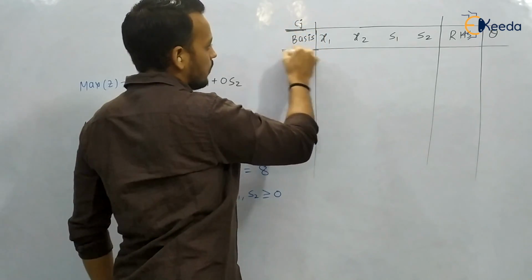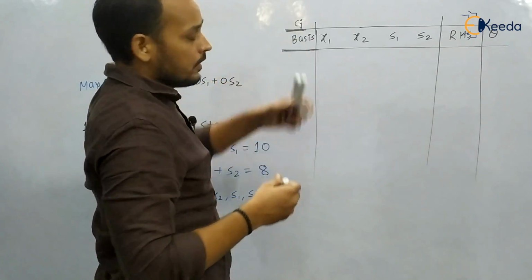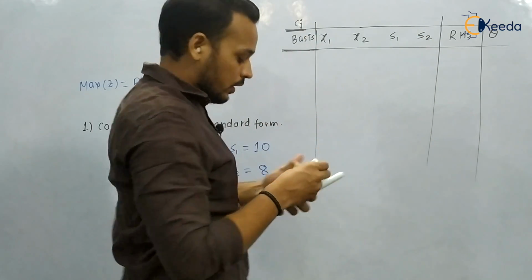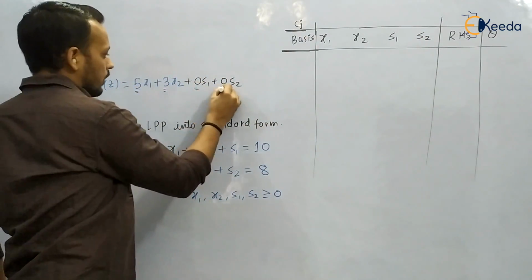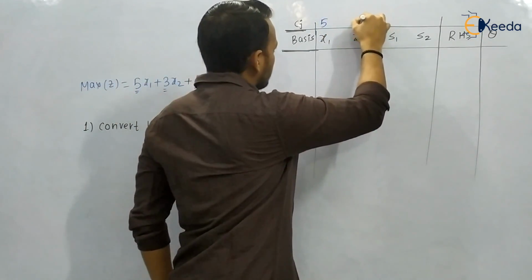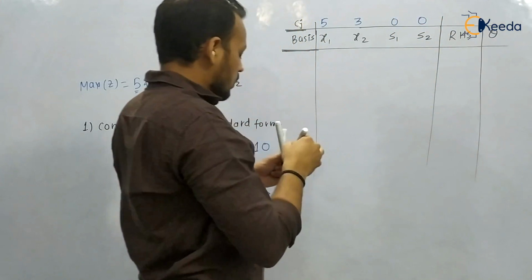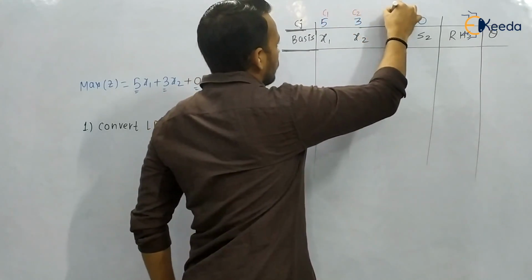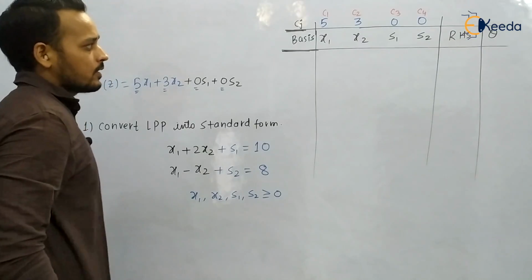For Cj, we write the coefficients of x1, x2, s1 and s2 from the objective function: x1 is 5, x2 is 3, s1 is 0 and s2 is 0. These are our c1, c2, c3 and c4.